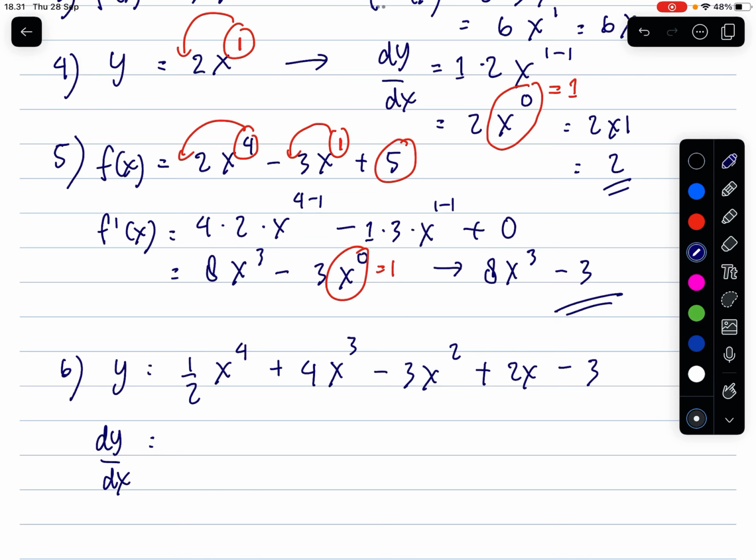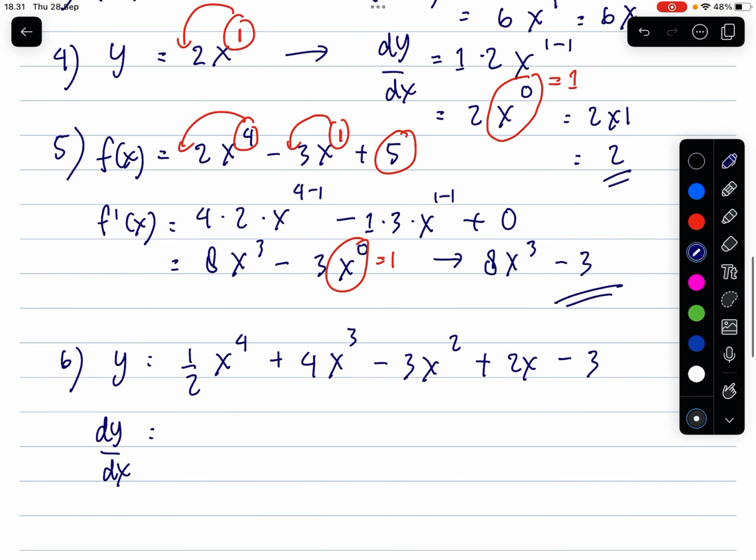Okay, so I'm sure everyone already tried to do number 6 on their own. So now we're gonna discuss together. Okay, let's do it. Okay, 4 to the front. So now 4 dot half x to the power 4 minus 1. Okay, then 3 to the front.